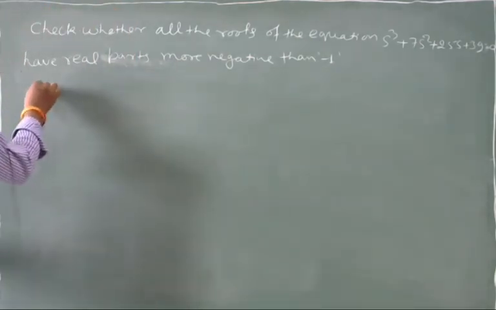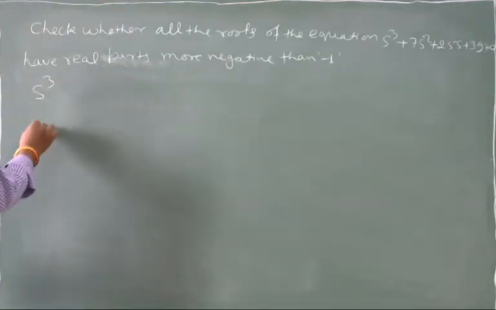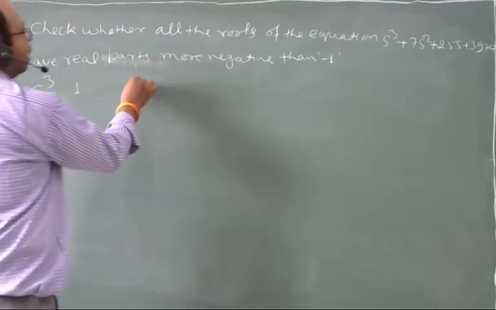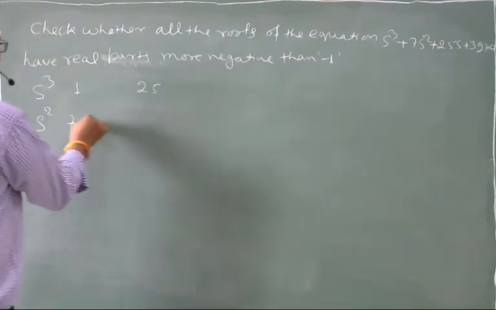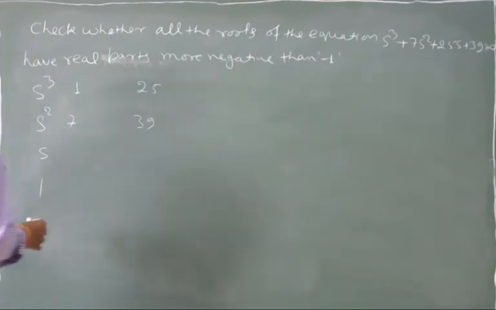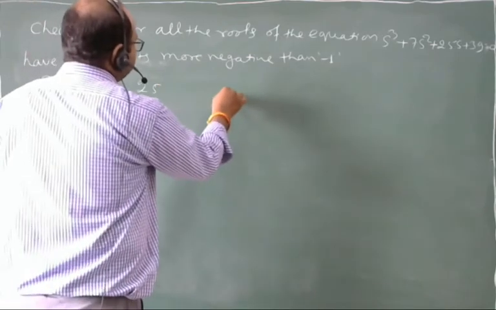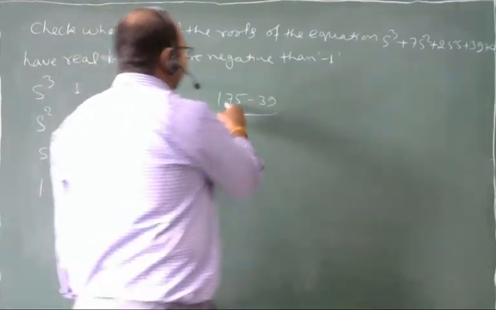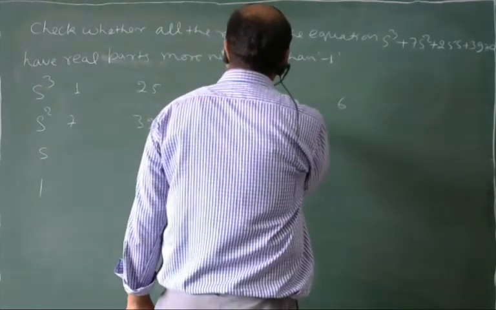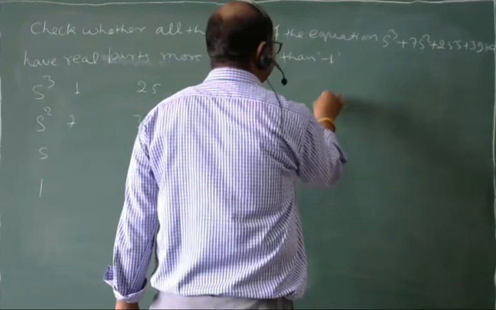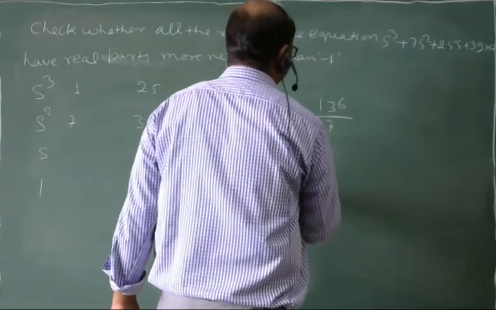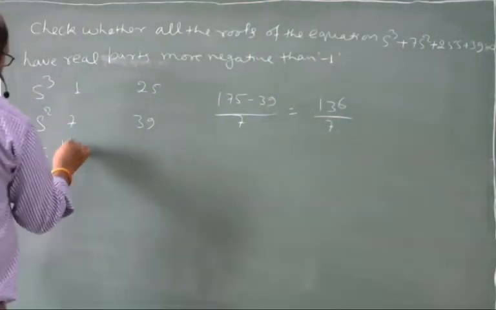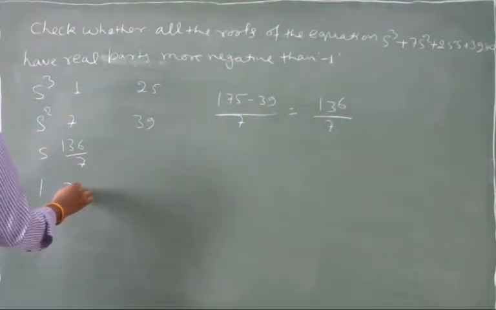So from Routh-Hurwitz criteria, s cube, s square, s, 1, here 1, here 25, here 7, here 39, and the value will be 175 minus 39 divided by 7, and this will be 136 by 7, 39.